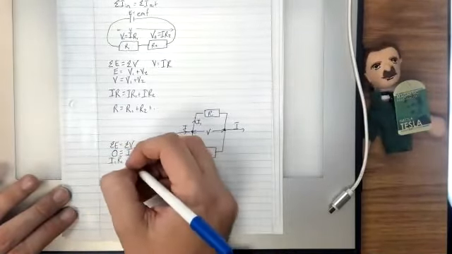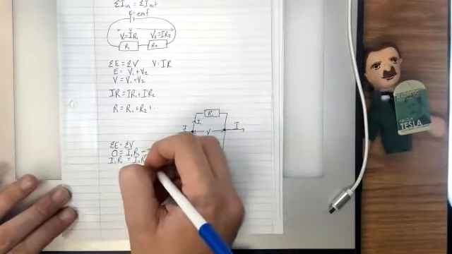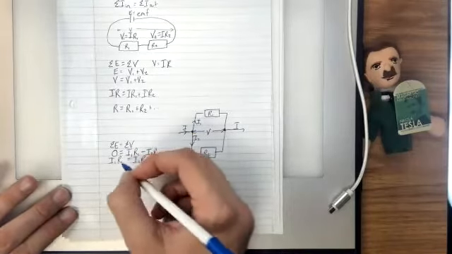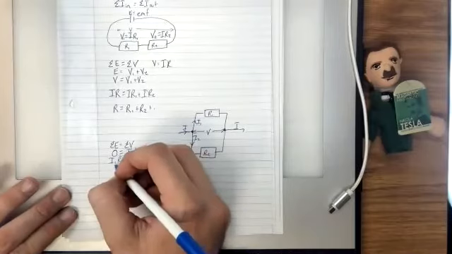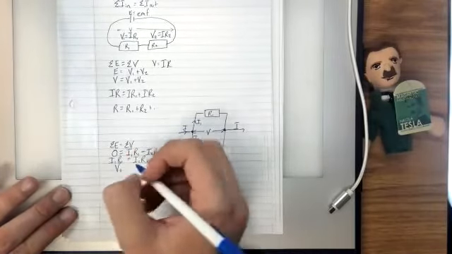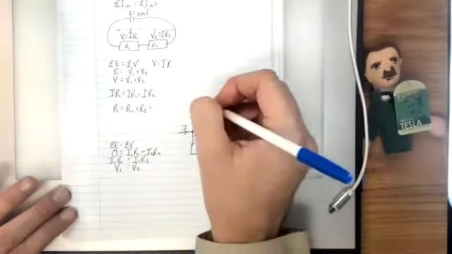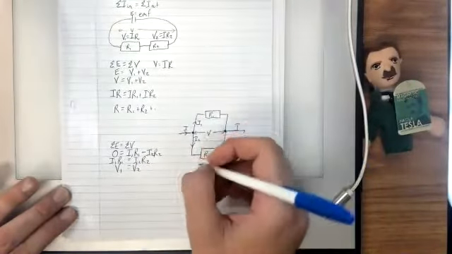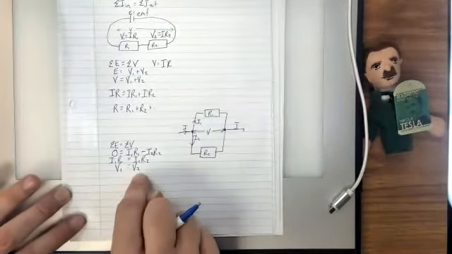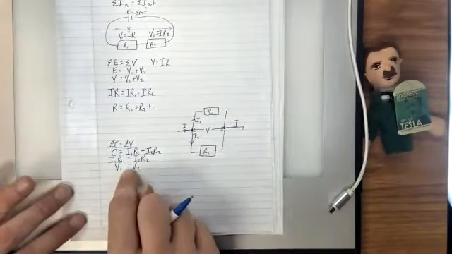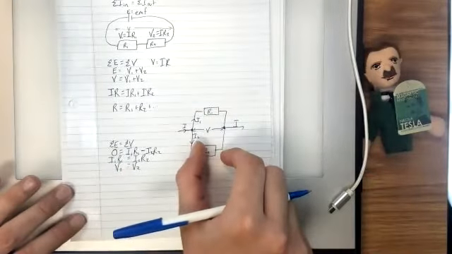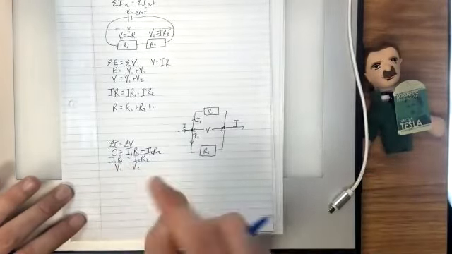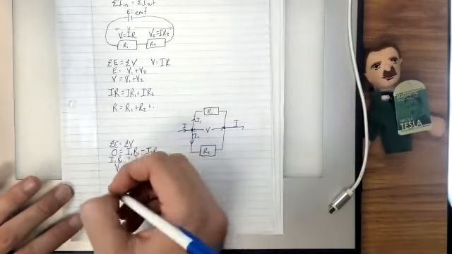I1 R1 equals I2 R2. And remember that I times R is voltage. And so voltage 1 equals voltage 2. The voltages across each one of these are equal to each other. And this shows that the voltage is the same across parallel branches.